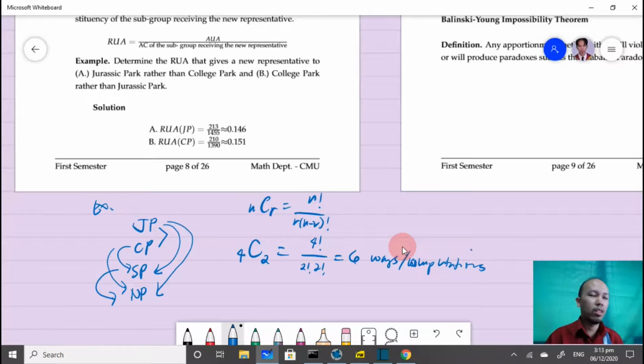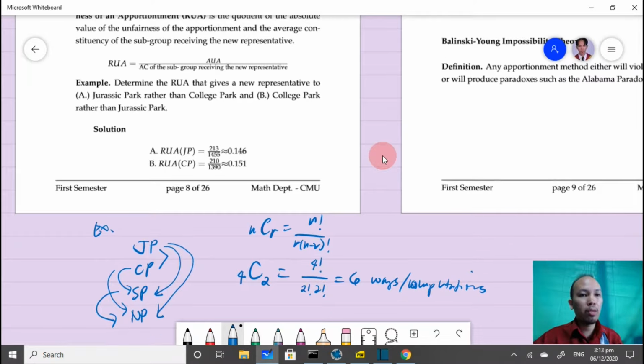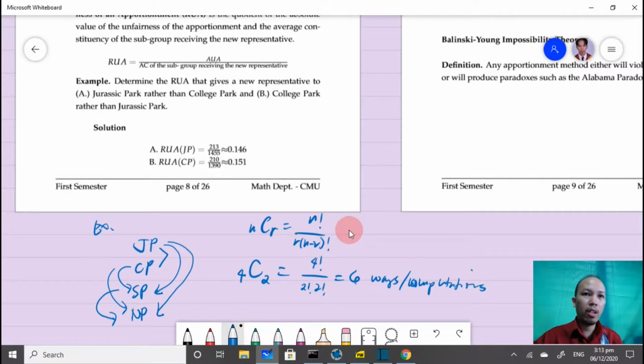Then the smaller relative unfairness of apportionment will receive the new representative. Okay, that's not hard, but it takes you time to compute 6 ways.